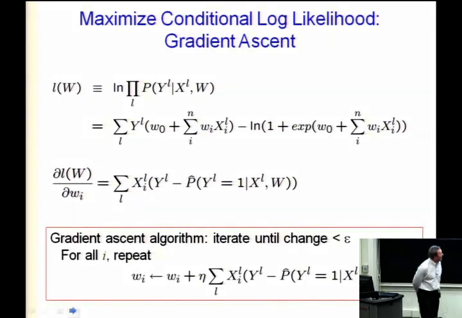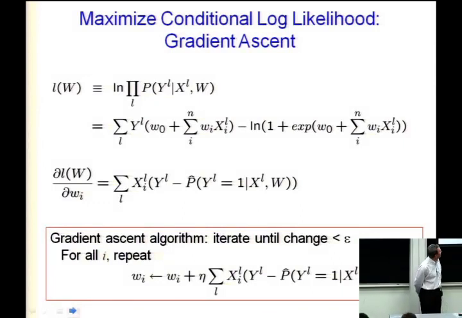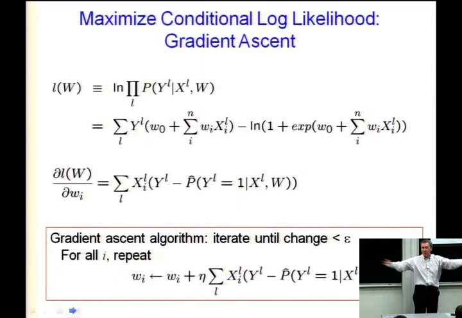Again, this is all covered in the reading, so you can go through this in more detail. But once you go through all the math to derive this gradient update rule, it boils down to a very simple rule. We're going to take our training data, and make up some random starting values for all of our W's.